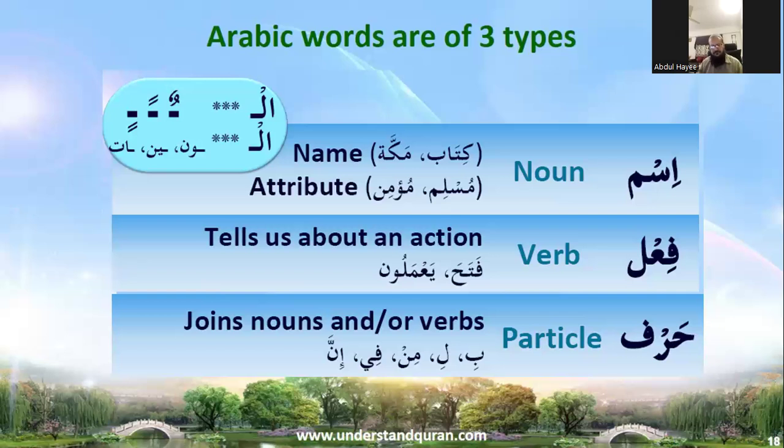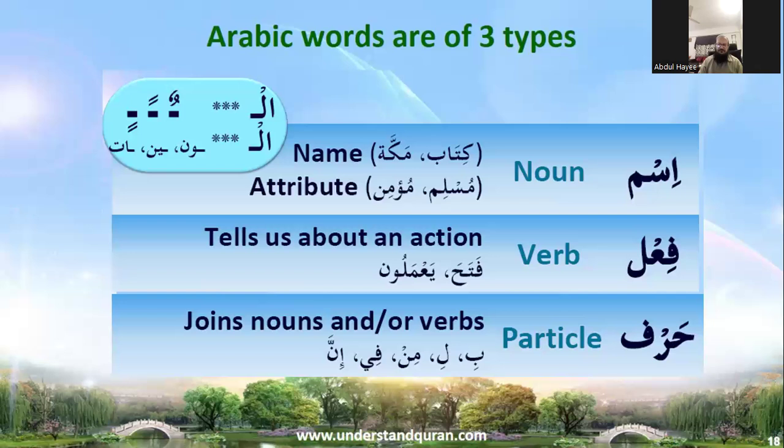And then when you also have waw nun or ya nun, it's an indication that it can be ism, and then alif ta. In summary, if you have alif lam, tanween, waw nun, ya nun, or alif ta, it's an indication that that is ism.